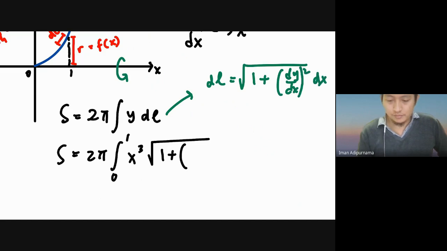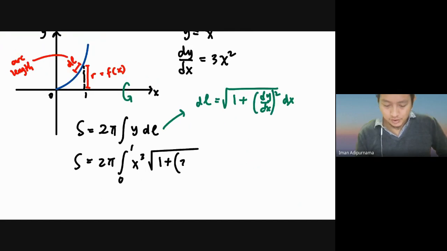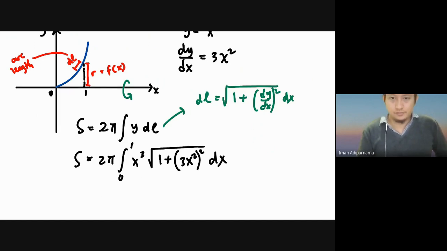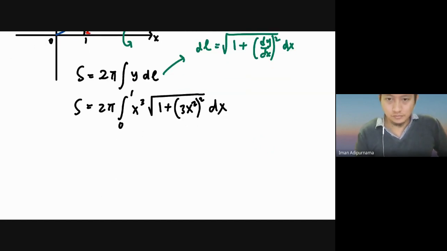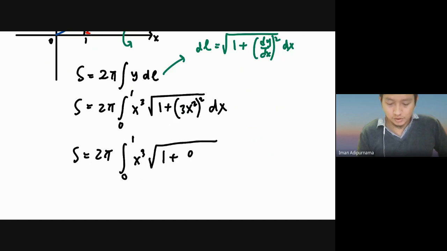So dy over dx is 3x squared, and squared, and dx. So we have a little bit of calculation here. That turns out to be 9x to the power of 4, dx.